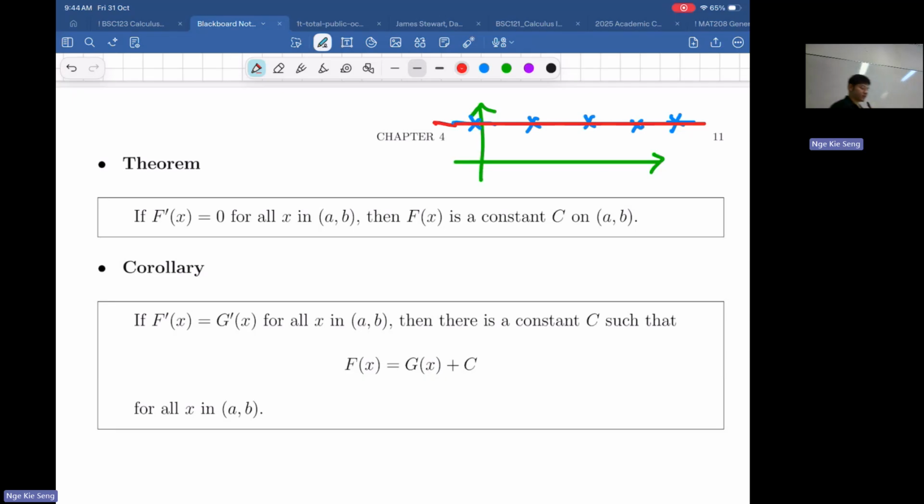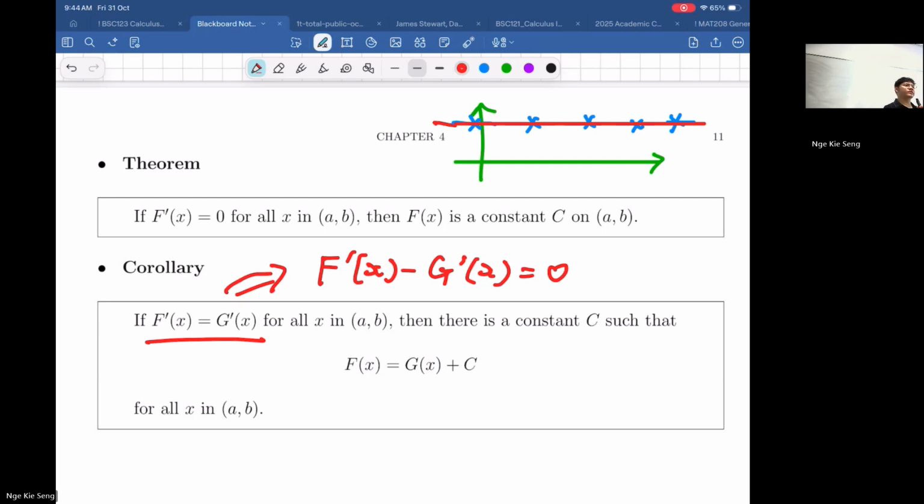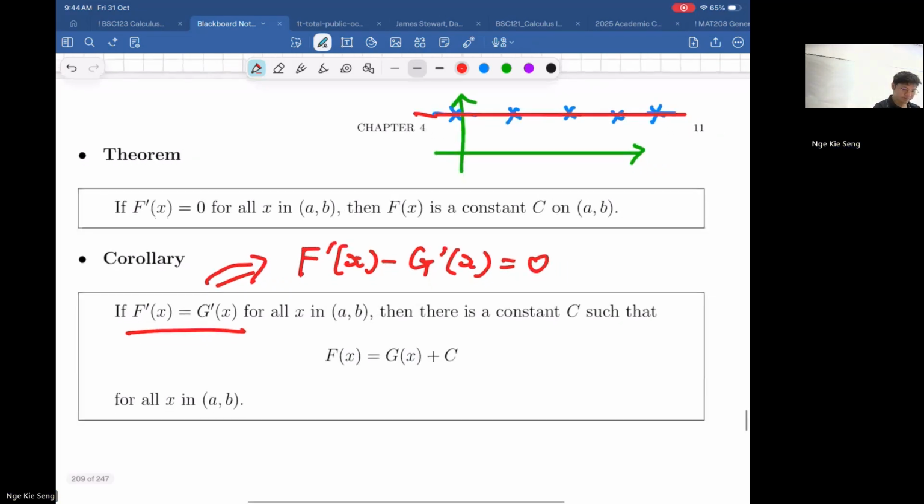So how do we apply the theorem here? If we have f prime x equals g prime x, this is just saying that f prime x minus g prime x is 0. Then you can use the theorem already. You have the derivative of the difference of the functions equal to 0.